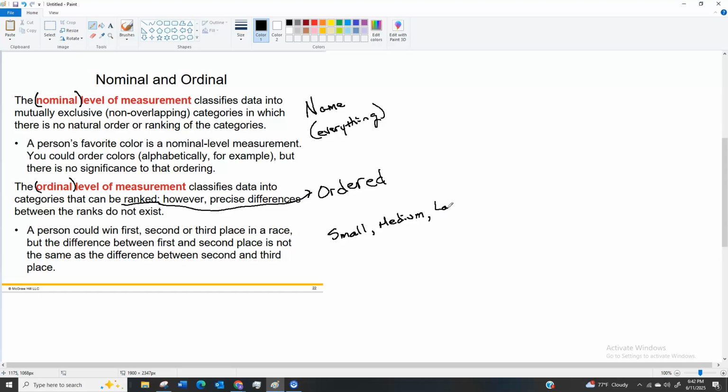You can put those in order. If three different people got different size drinks, you could put them in order from smallest to largest, but that's not really a number. So you can put it in order. If it can be ordered, then it reaches the level of ordinal. Again, numbers reach that level, but it's not the highest level that they can reach. So we typically name the highest level that a variable or a piece of data can reach.